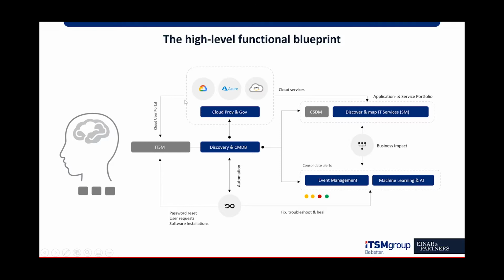In a similar way towards the end users, you can publish a cloud user portal. And that goes more to the catalog and service portal side of things. But I just wanted to set the stage here with this high-level functional blueprint, and this gives a fairly good oversight over the different modules.